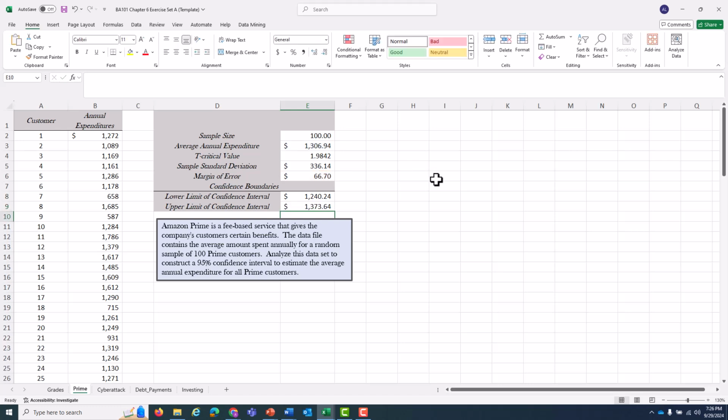You add those two together and you get 1373.64. So what we are saying here in simplest terms is that based upon the sample of 100 Prime customers that we are working with, we're 95% confident that all Prime customers will spend somewhere between $1,240.24 a year and $1,373.64 a year.